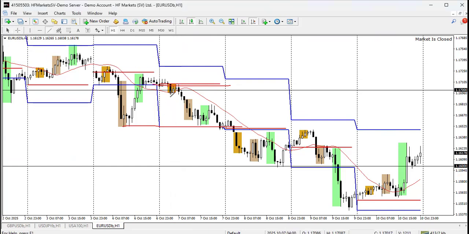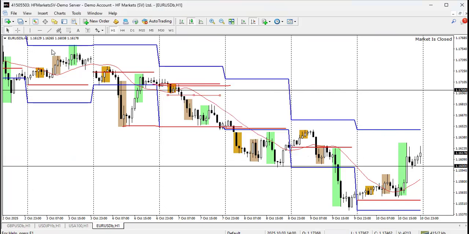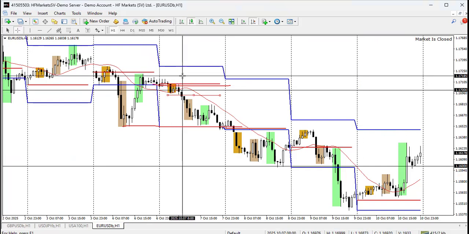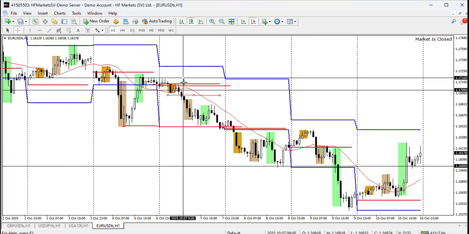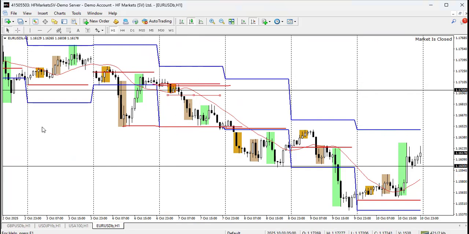This low here is the low of Asia. Asian low here, broken, and then by 10 a.m. this was a trade. So I would sell this, put my take profit at the low of Monday, then forget it.